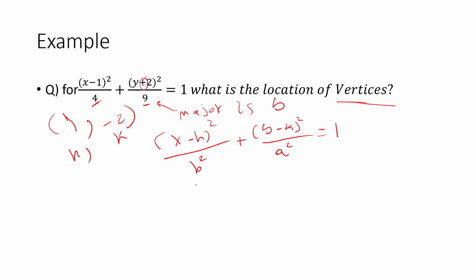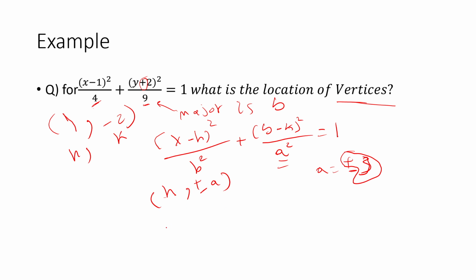So we have vertices as (h, k plus or minus a). And what's the value of a? a is equal to plus or minus 3, and since it's a distance, we will take the positive value of 3.